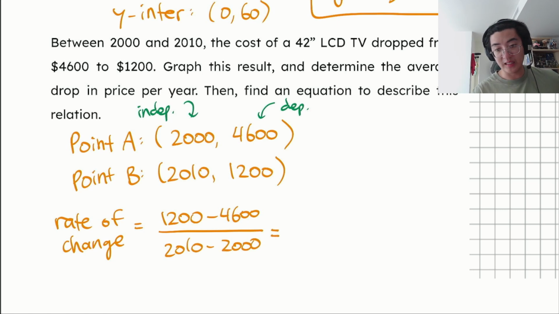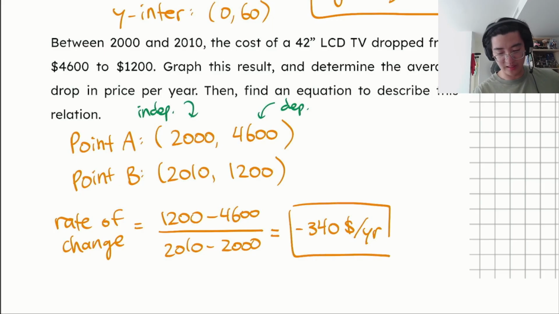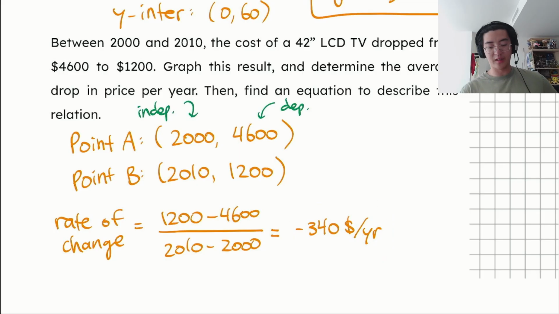And we get negative $360 per year. Remember, watch out for our units here. So that's our rate of change. I guess we don't actually need to box it, that's not what we're looking for, but it's useful to know. And that's our rate of change.